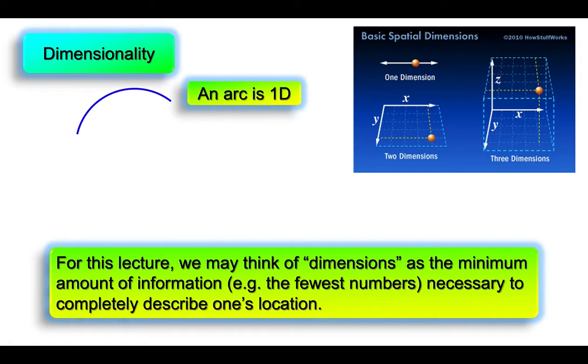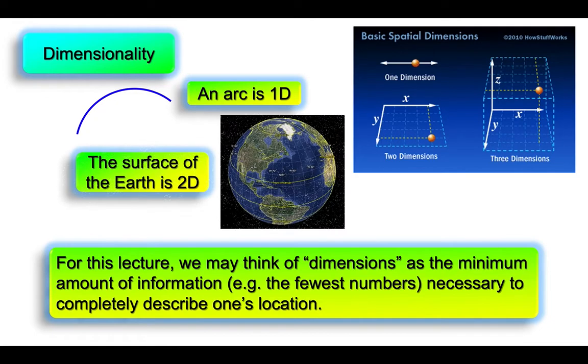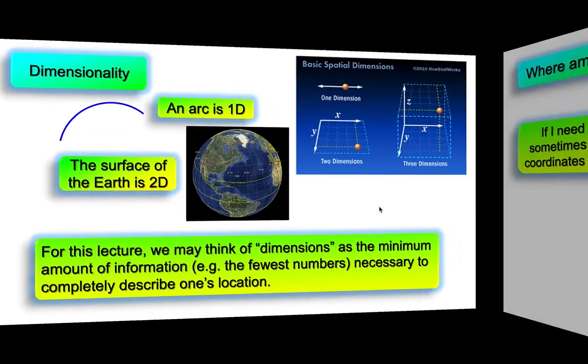I still only need a single number to specify my location on that arc. So from this point of view, I could think of an arc as a 1D object. And similarly, the surface of the Earth is a 2D object. No matter where you are standing on the surface of the Earth, if you give me your latitude and longitude, I will know exactly where you are.